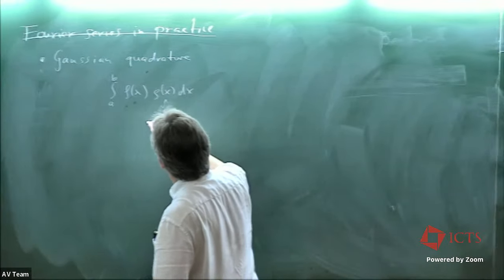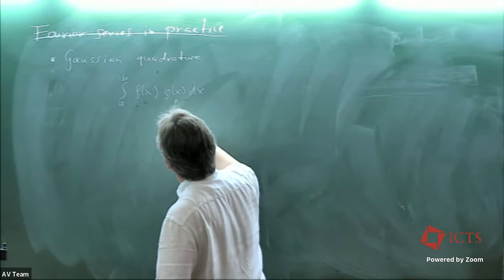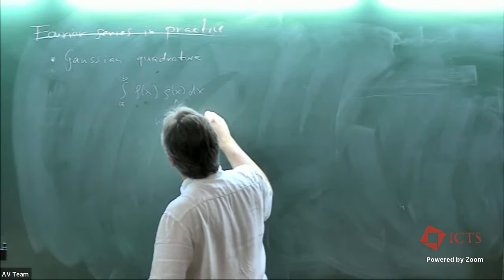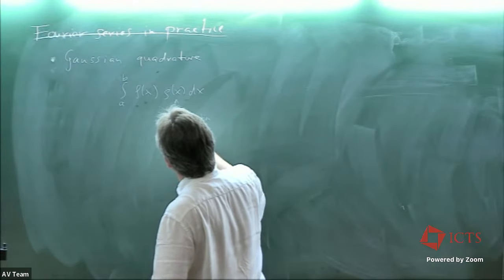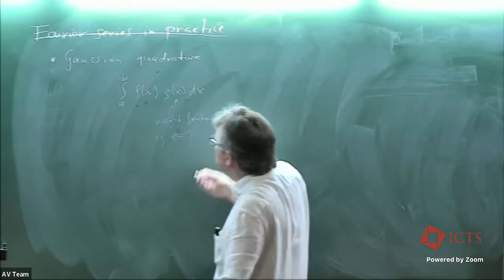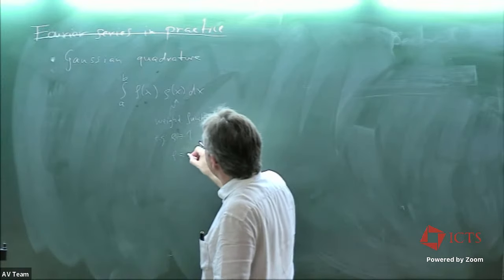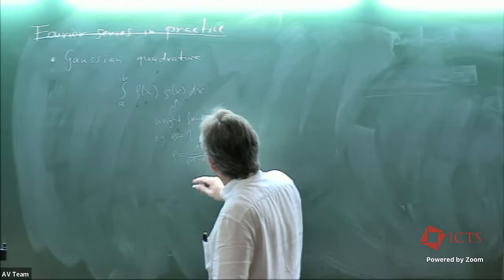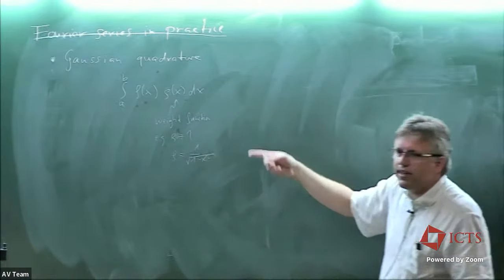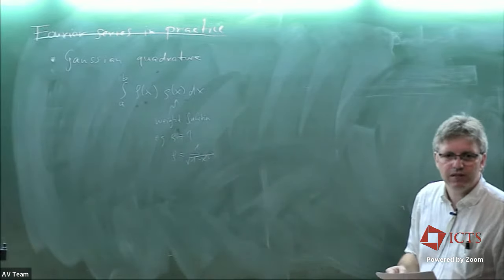So the weight function might just be 1, or for instance, it could be 1 over 1 minus x squared, or pretty much anything else which shows up in your application.